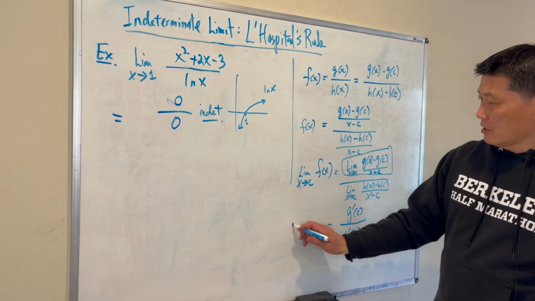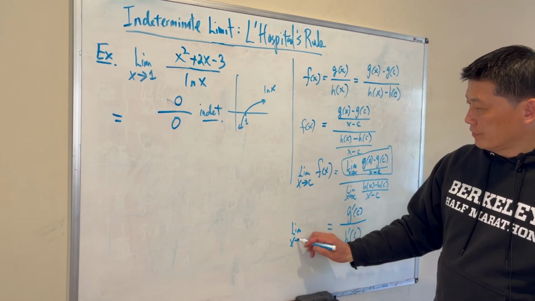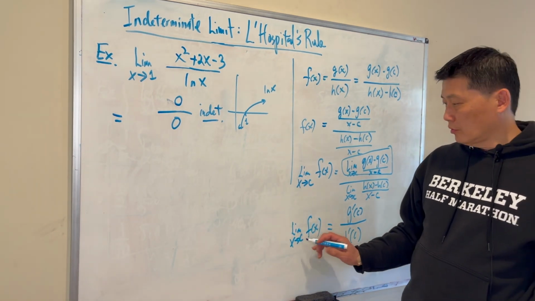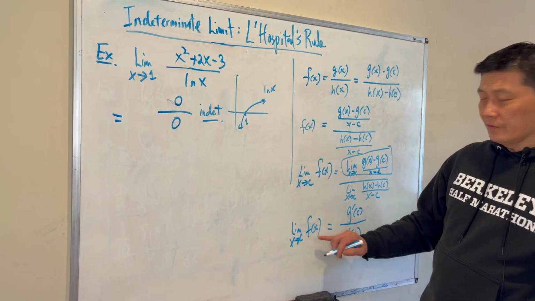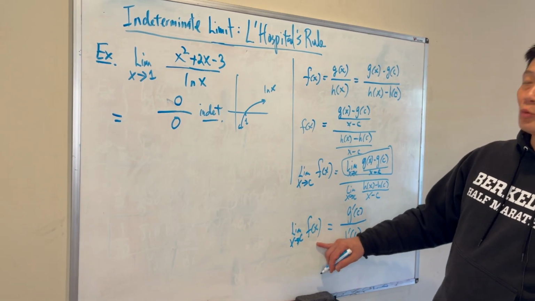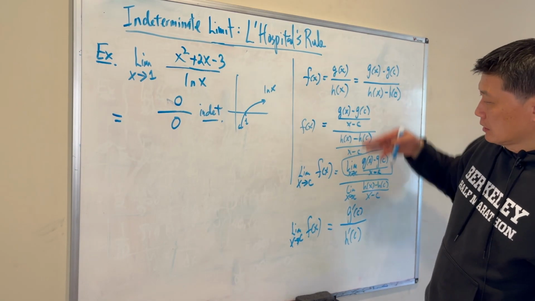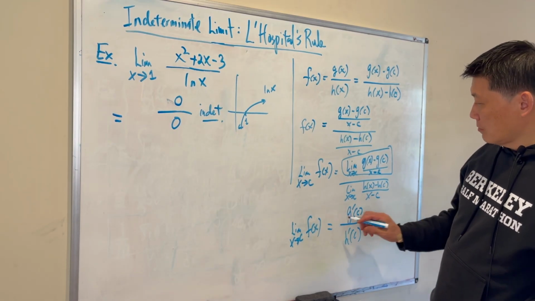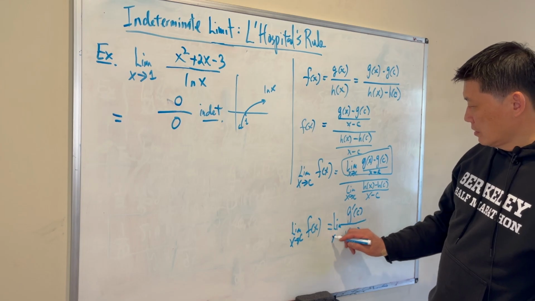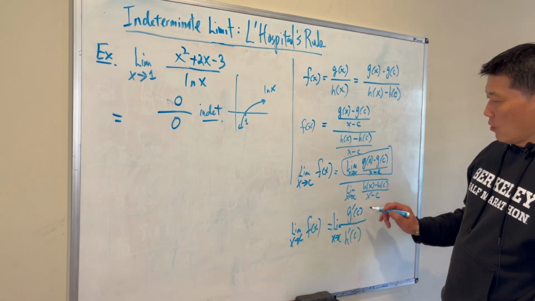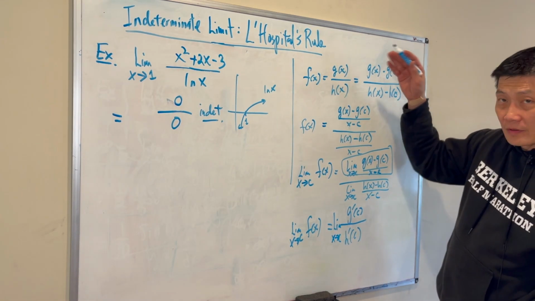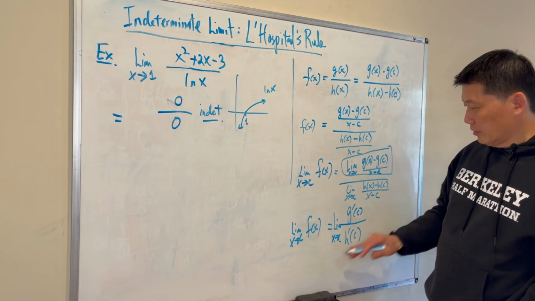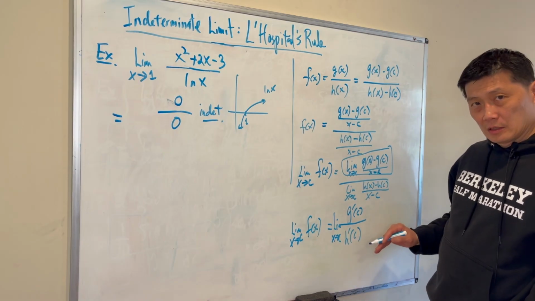So in a sense, if we are looking for a limit as x approaches some value for a function, but that function can be written as a quotient, then you can take the derivative of each element of the quotient and then apply the same limit to it.